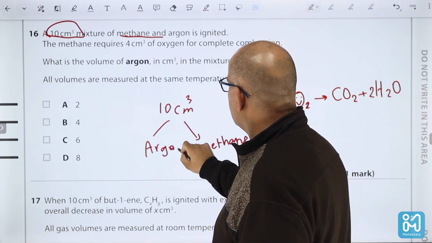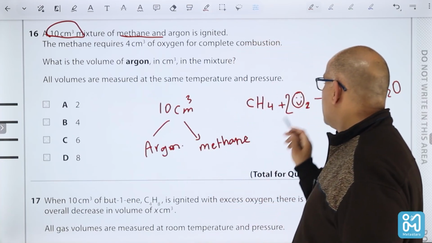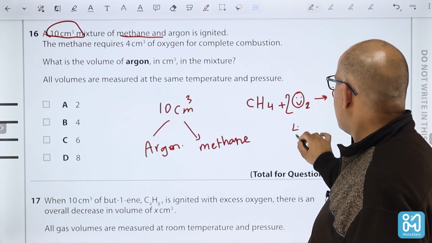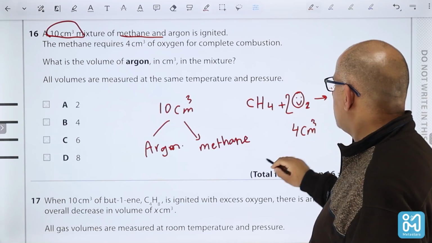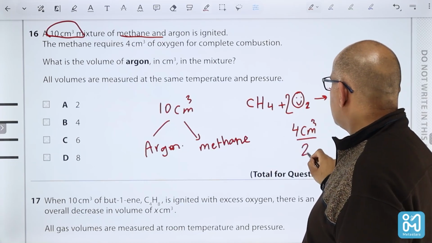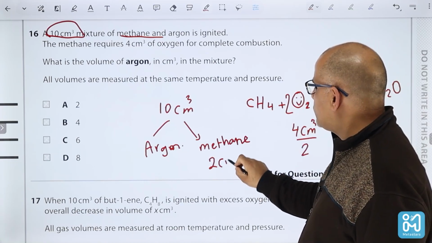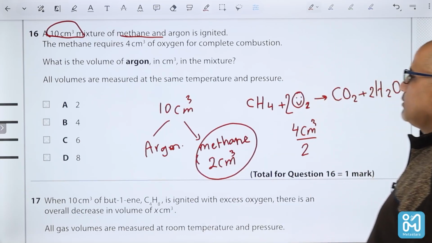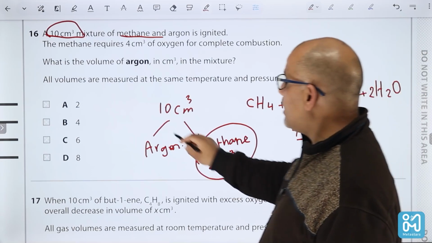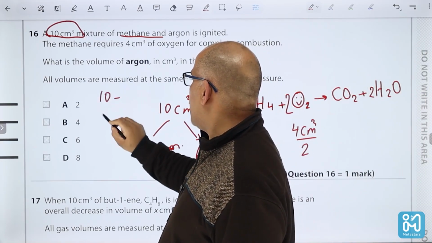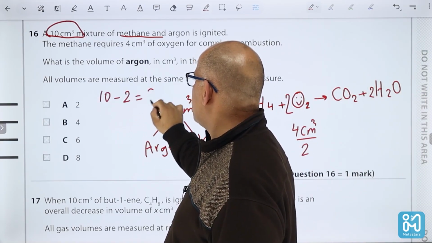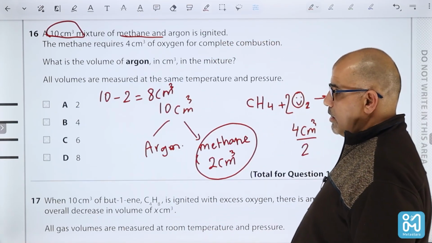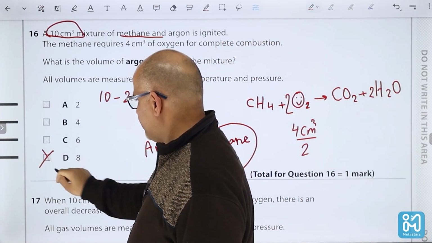According to the equation, 4 divided by 2 means that 2 cubic centimeters of methane reacted. So 10 minus 2 leaves 8 cubic centimeters of argon.